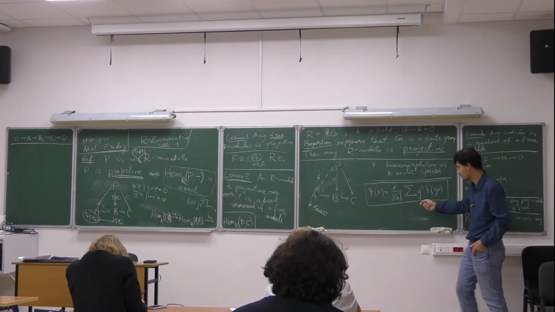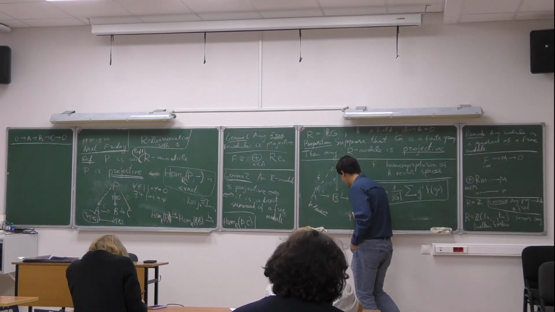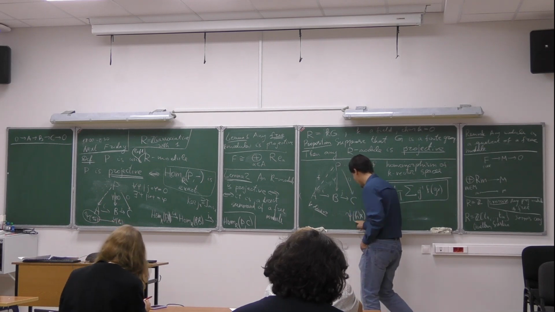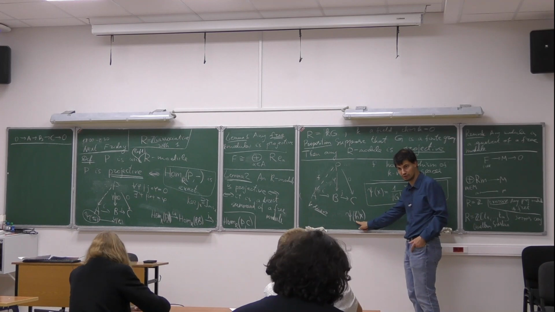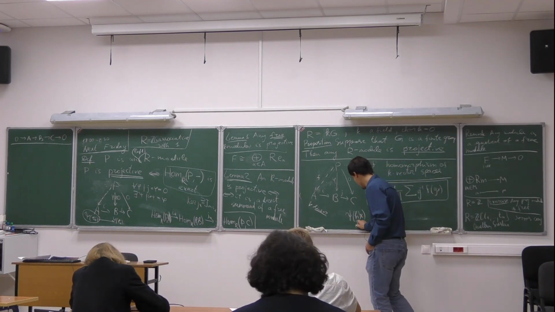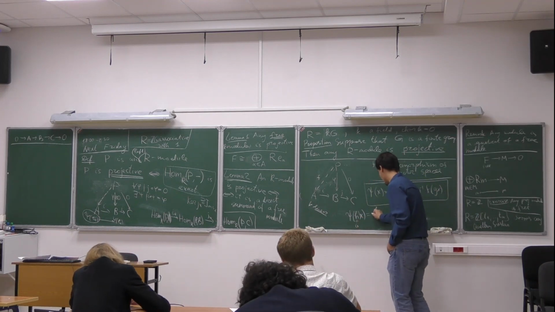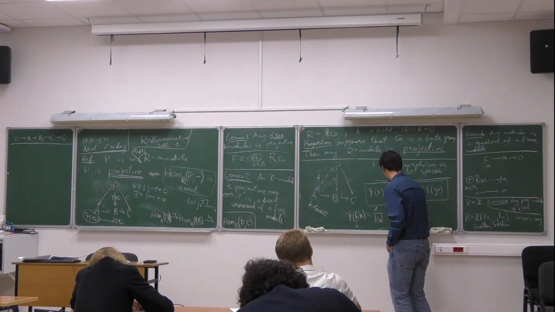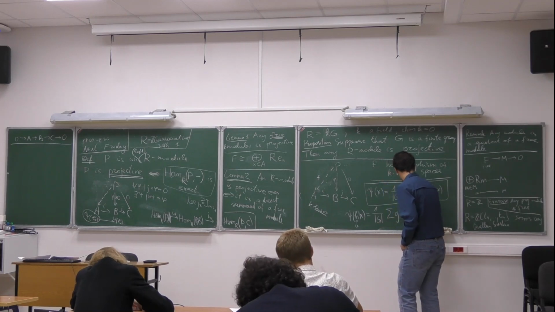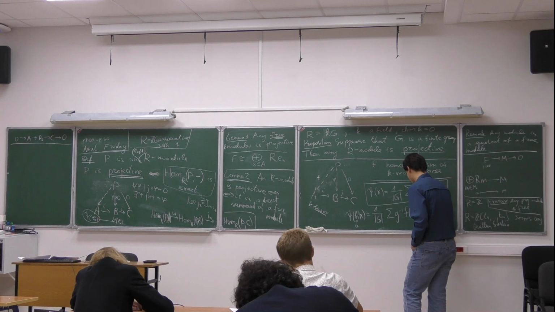It is an easy check that this is indeed G equivariant if we act by an element of G. Then we just have the situation like that, just by definition.